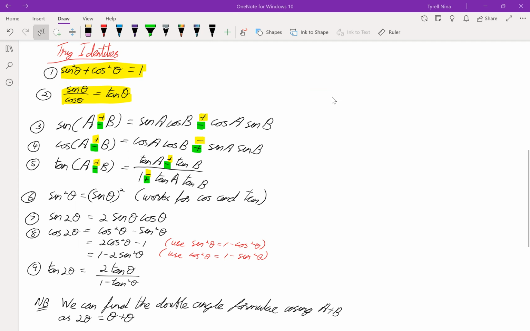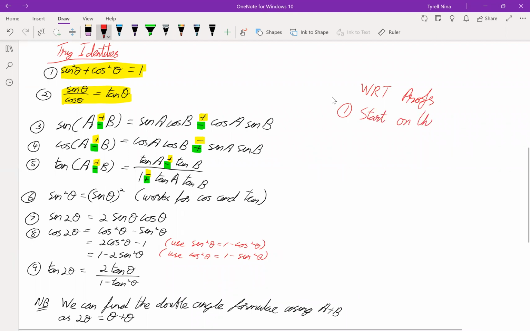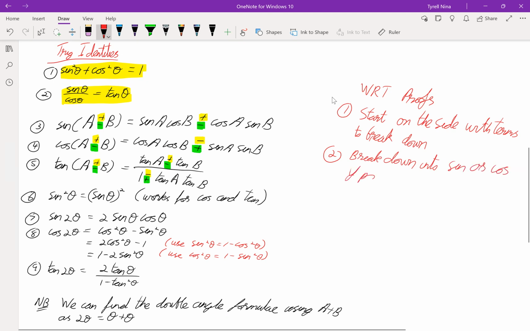Now, with respect to proofs: one, start on the side with terms to break down. Two, break down into sine or cos, if possible, and rearrange.